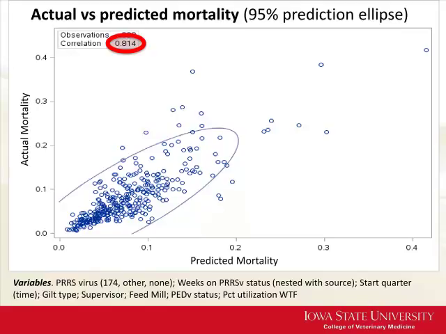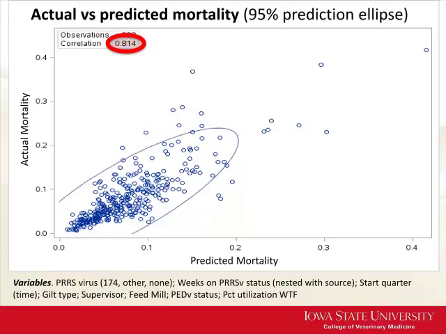This final model had the PRRS virus, of course, whether it was 174, or other virus, or none. Weeks on PRRS status was also important, meaning if you were status 4 and you got infected, it made a difference whether you were infected in the first week or second week, or 10 or 12 or 20 weeks after changing status.